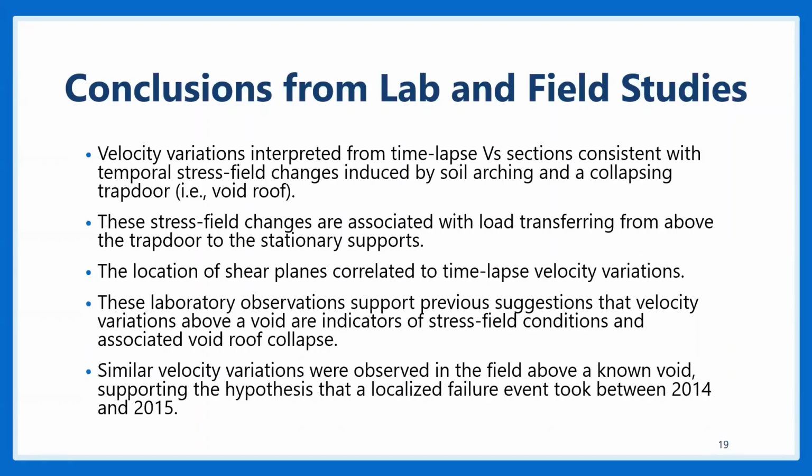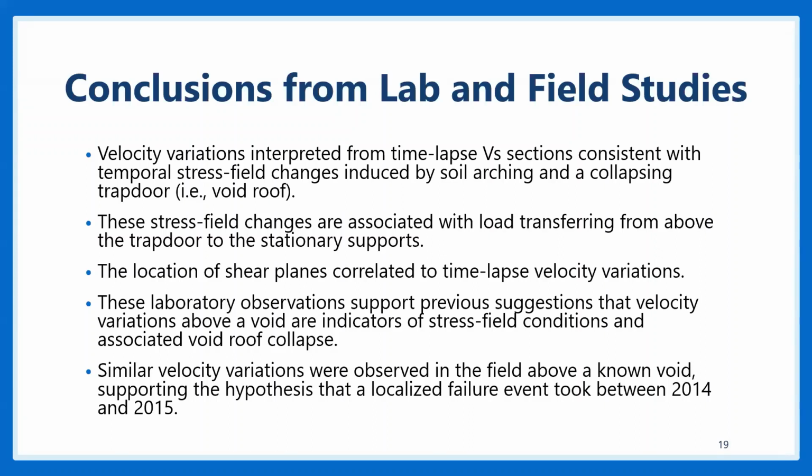And so fortunately, these velocity variations we saw related to the development of failure planes in my sandbox, we then brought over to the field example, which we believe also supports our initial claims that some sort of localized failure event happened between 15 and 17 that then allowed the structure to become better balanced in the subsurface.